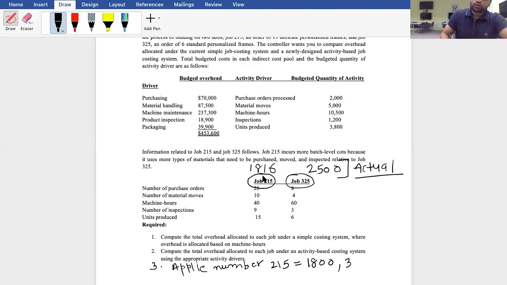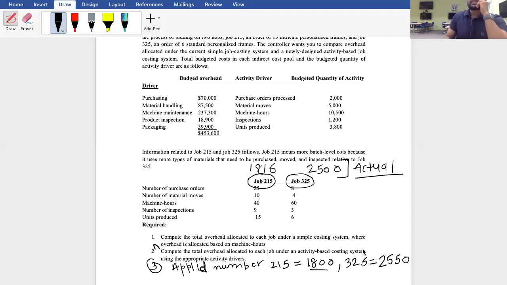In number 3, I say applied. The applied number for job 215 is 1,800, and for job 325 it is, let's say, 2,550.